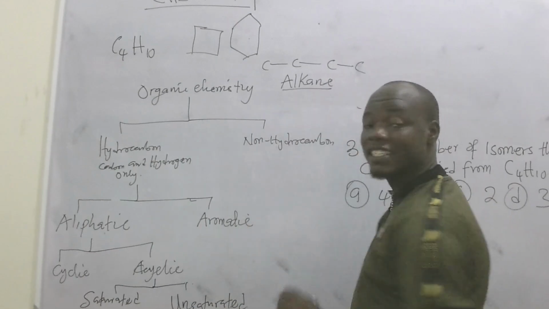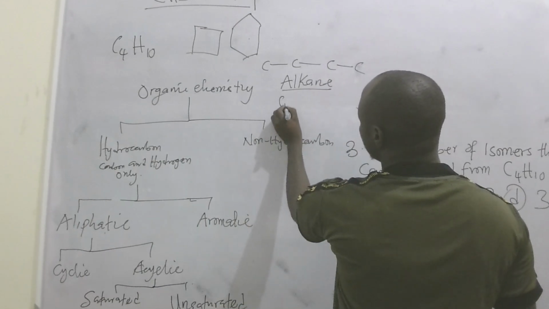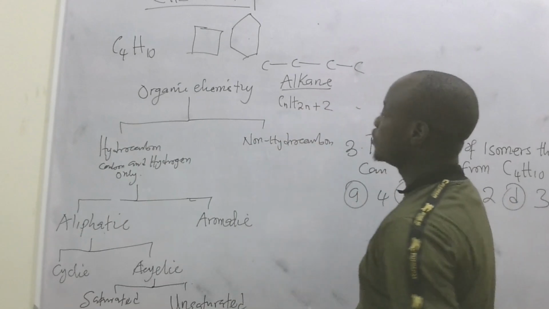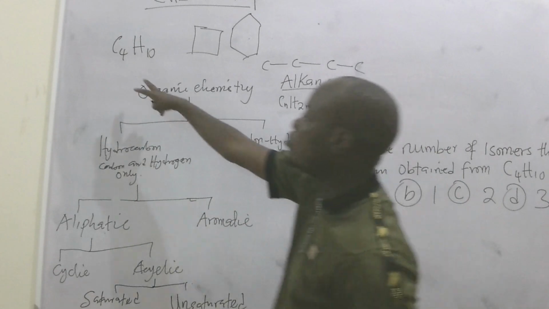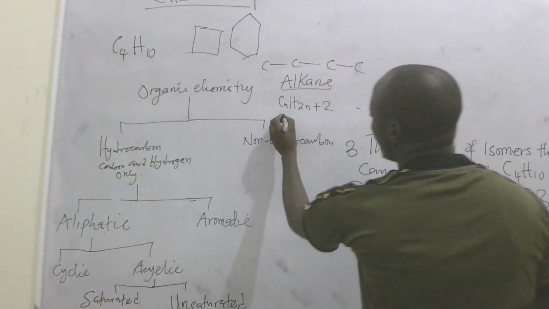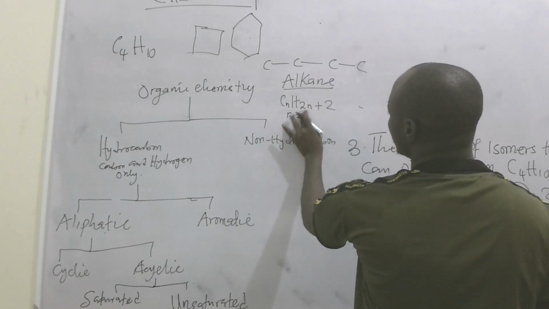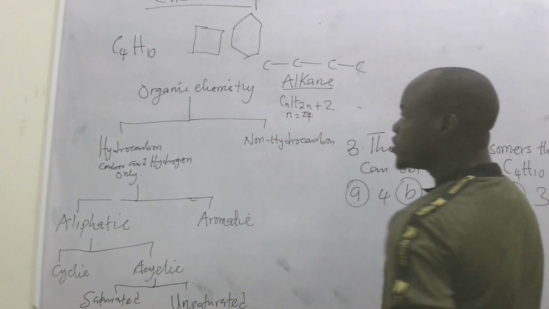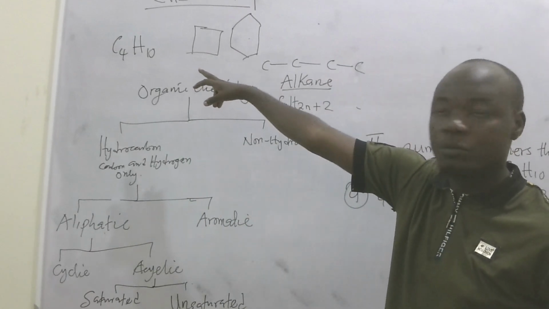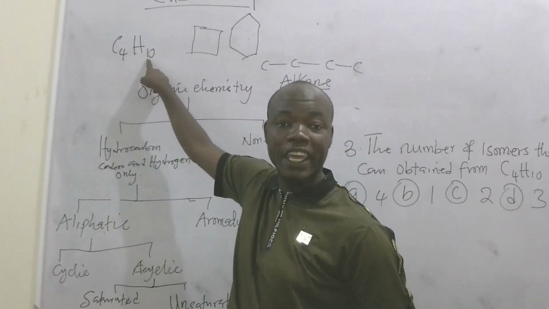This alkane has a general formula of CnH2n+2. Based on the number of carbon here, our n is equal to 4. So we are going to see if with this formula we achieve C4H10.